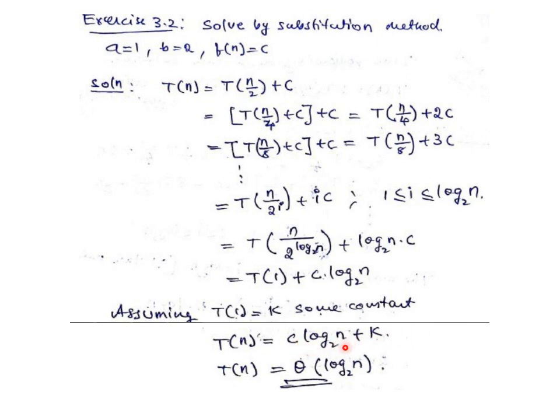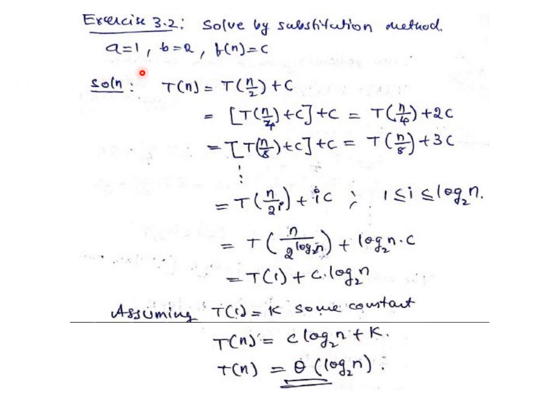There is no change, because c and k do not depend on n, the input instance. So we can approximate the time complexity of the entire problem as big theta of log n base 2, neglecting the constants c and k.